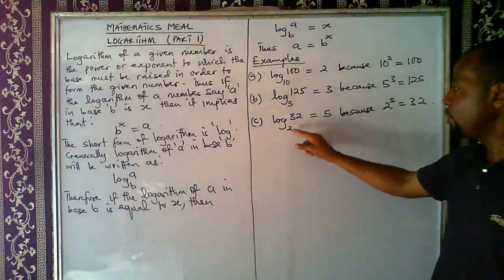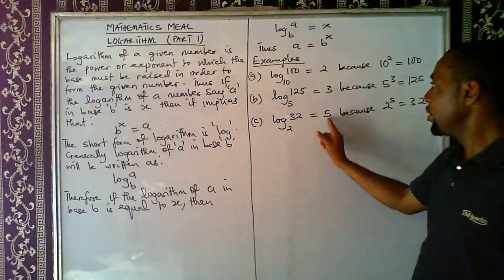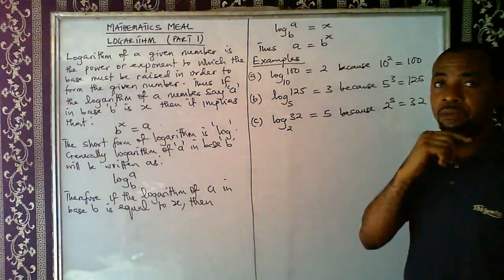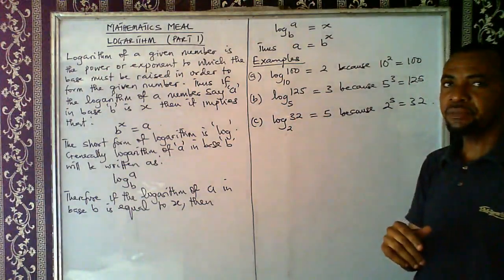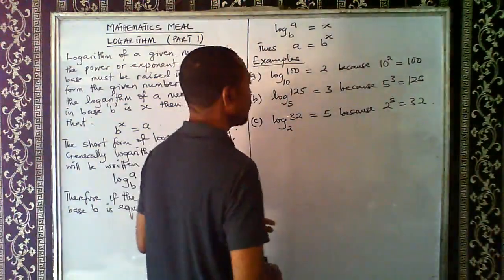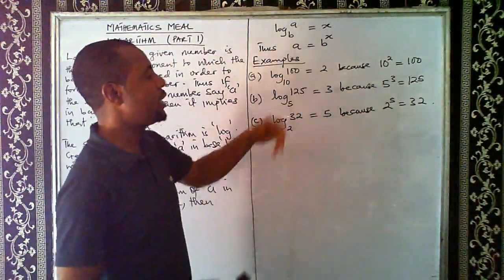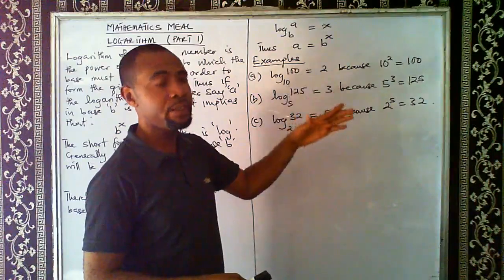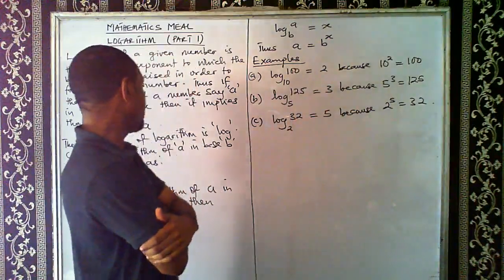Logarithm of 32 in base 2 is 5, because when 5 becomes the power of 2, we form 32. I think that is very clear. So when we are trying to find logarithm of a number, we are trying to find the value that will become the power of the base in order to form the number.